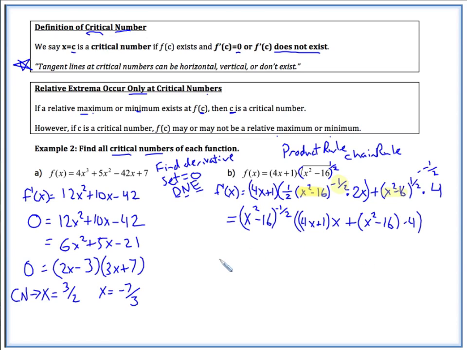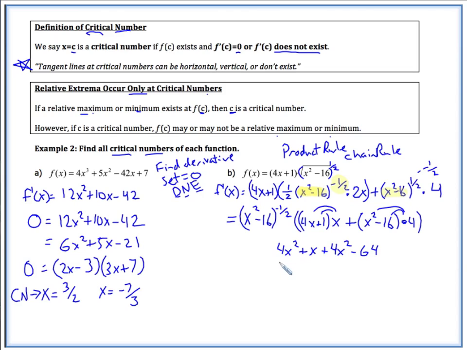And let's go ahead and simplify this now. We're going to distribute here and here. That's a times sign. And then we're going to flip this all underneath. So we get 4x squared plus x plus 4x squared minus 4 times 16, which is 64, right there.